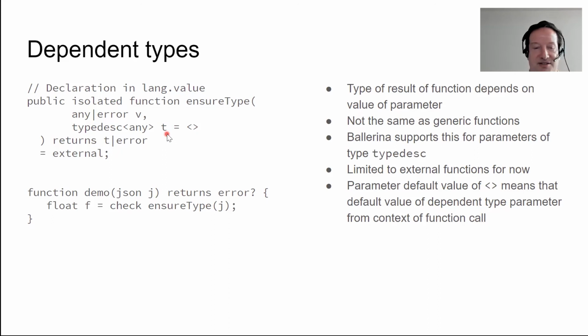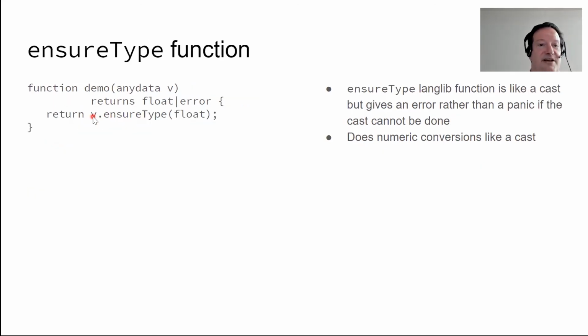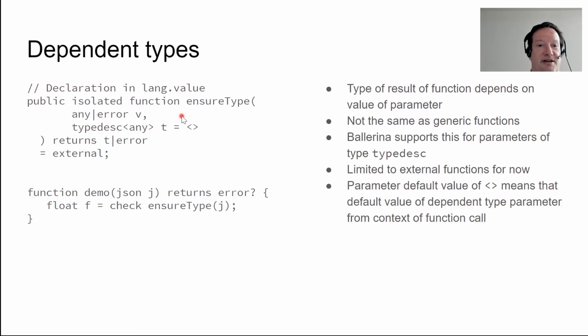So if we look back, here's an example from ensureType. We're calling this with method syntax. In this case, v here is the first argument and float is the second argument. So we've got a float value here, and we've got a typedesc, which will be the float type here.